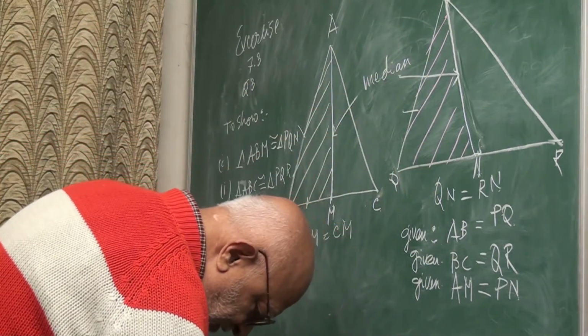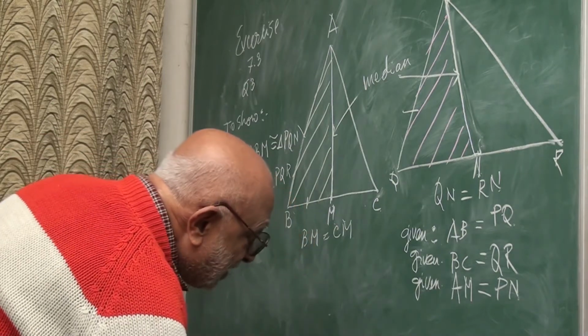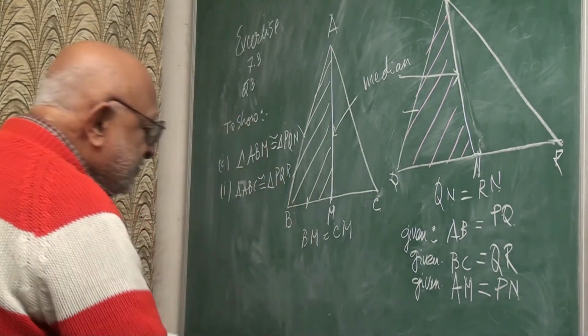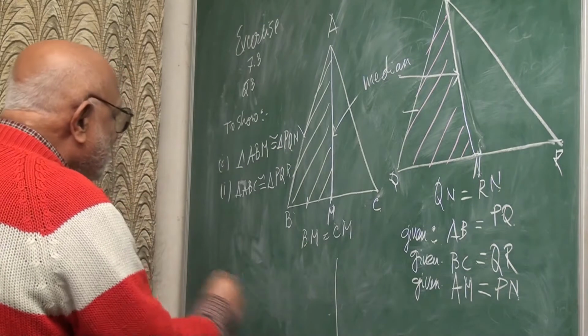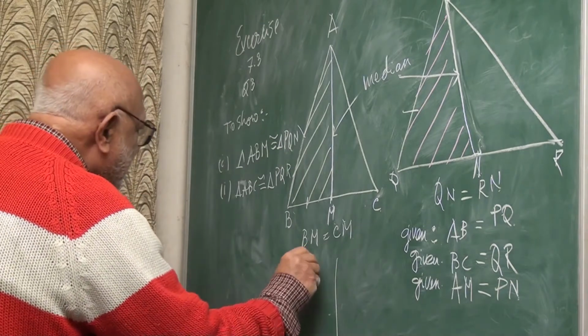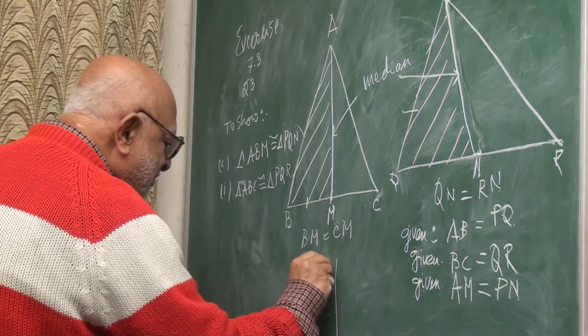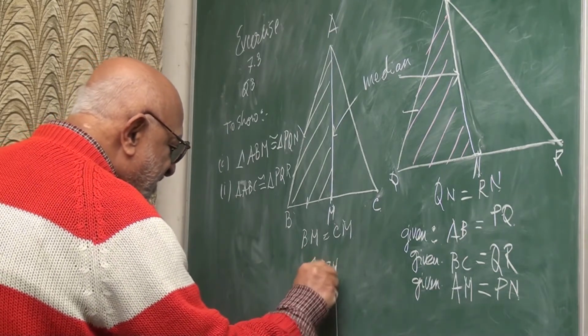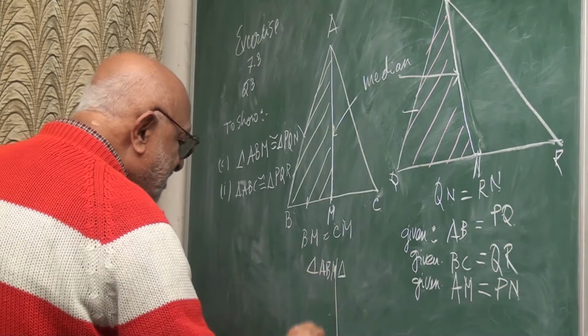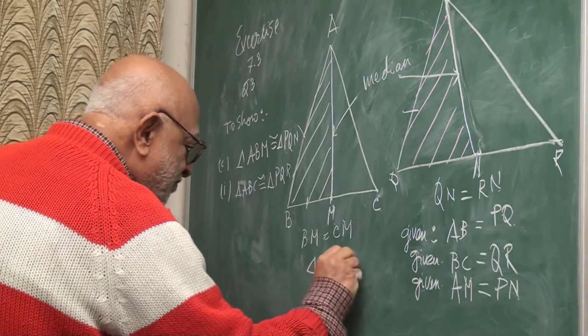So let us continue doing that. Okay, what do we have? Again, we use our procedure. Write triangle on both sides. Triangle ABM, and on this side you write triangle PQN.